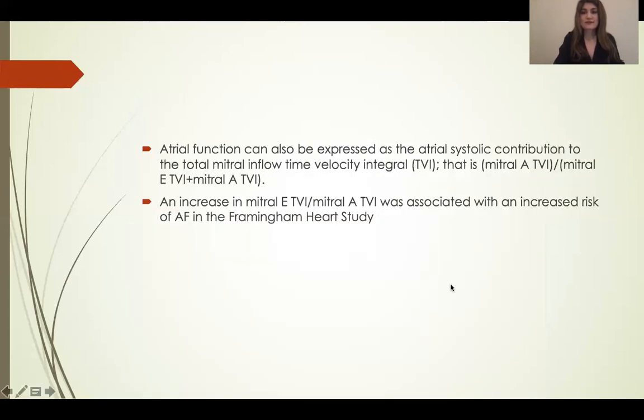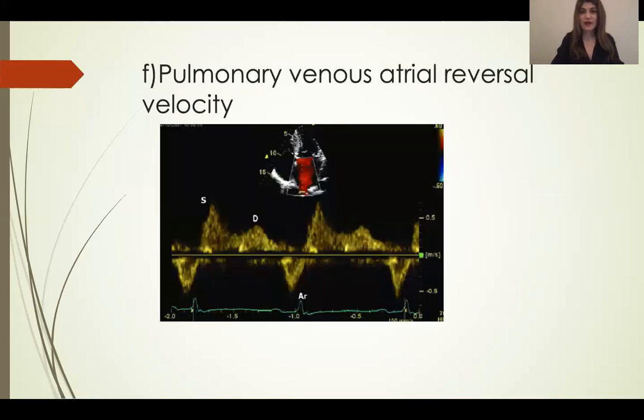Also, time velocity integral can be used to evaluate left atrial function. An increase in mitral E time velocity integral to mitral A time velocity integral ratio is associated with an increase of atrial fibrillation in the Framingham Heart Study.